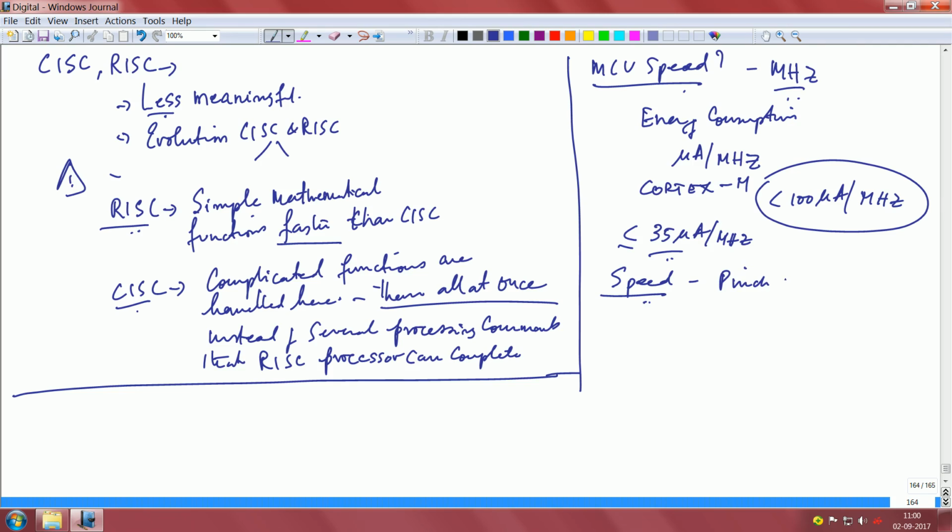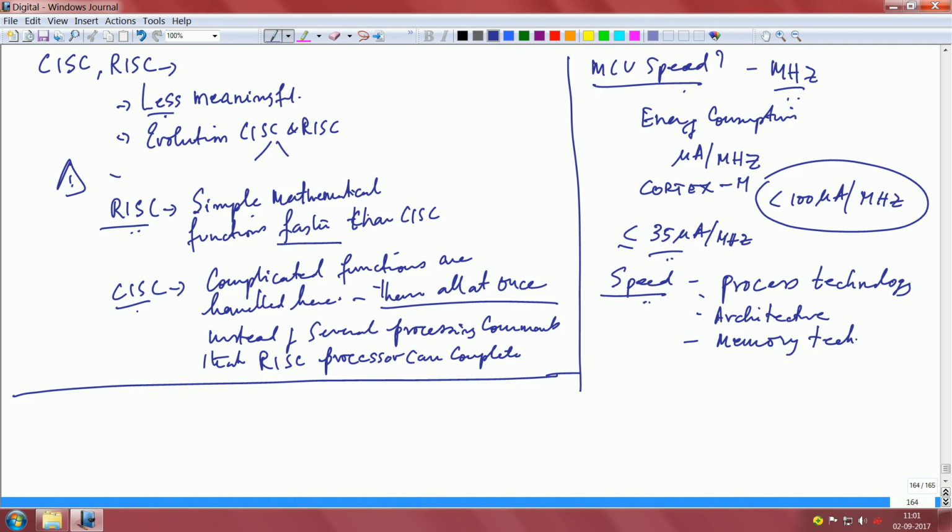You have to take it very carefully, because it has to do with several things. It has to do with process technology, it has to do with the basic architecture of the system itself, and it has to do a lot with memory technologies.